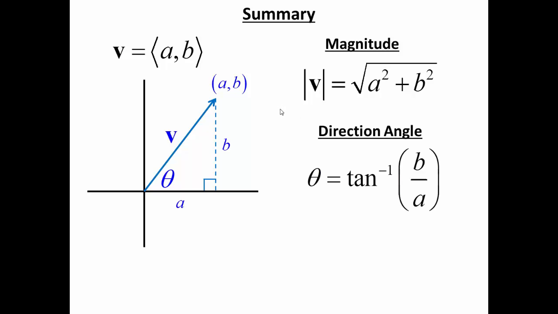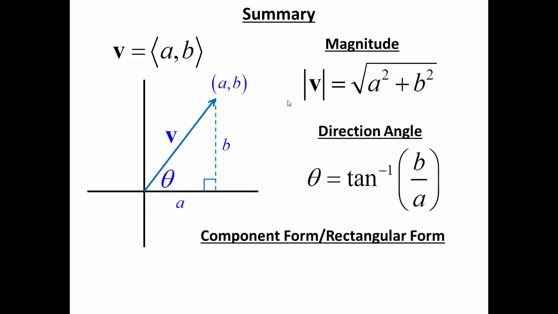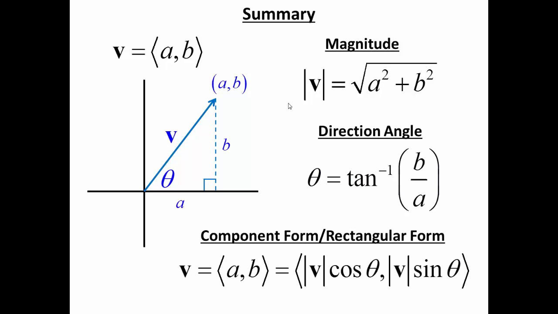Direction angle was inverse tangent, but remember that's a reference angle and may need adjustment based on the quadrant. And then to find the component form, if I'm going in the opposite direction, it's just the magnitude times cosine, the magnitude times sine. Now, as we progress further, you may also hear me refer to it as the rectangular form. Whether I call it component or rectangular, it's the same thing.